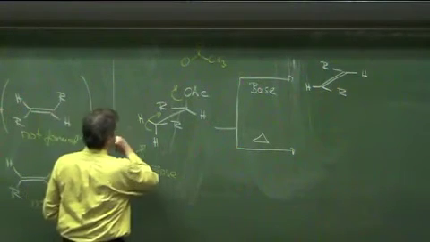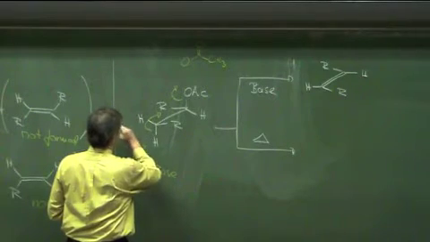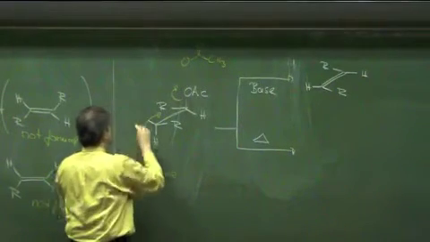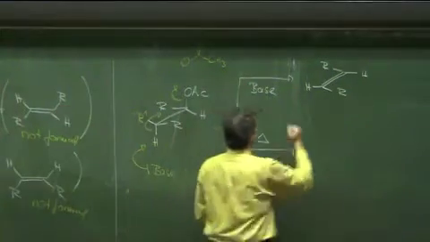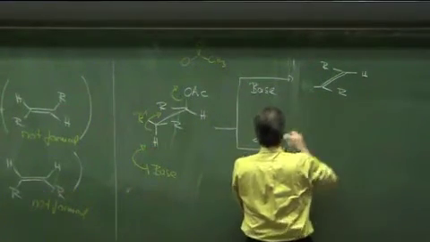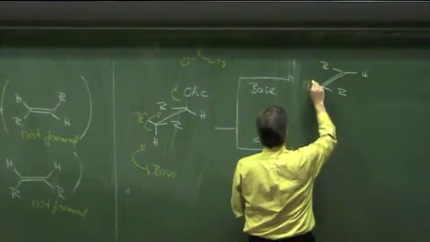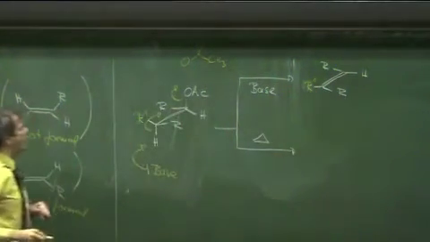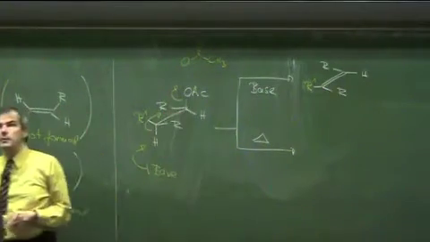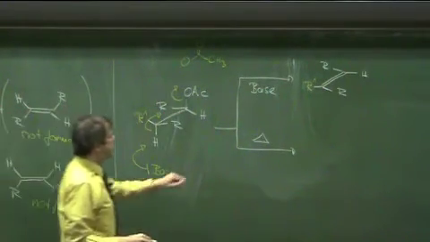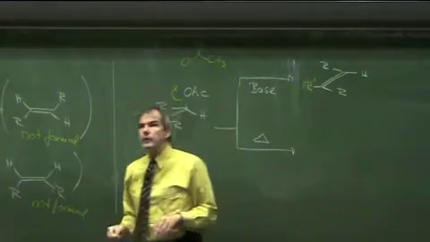Let me just, for the sake of it, put on a different group here to eliminate this possibility. So now the elimination is unambiguous. If it is an anti-elimination, this is the only product which is possible to form here.